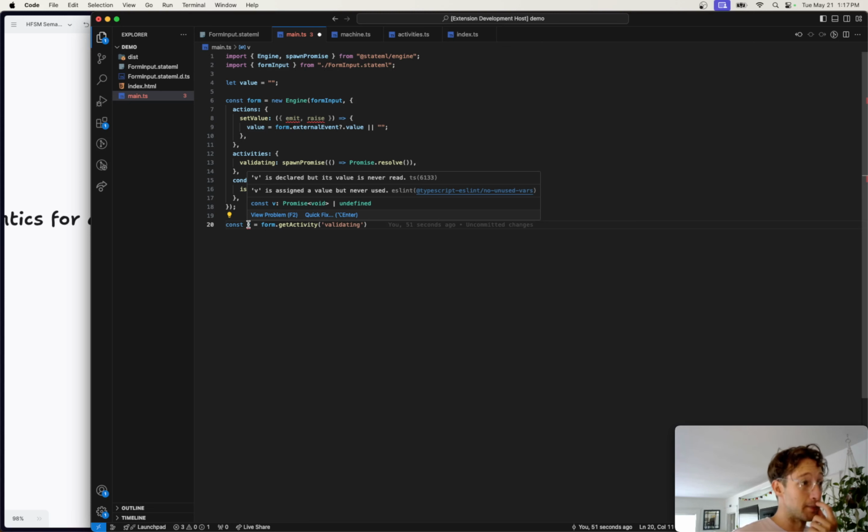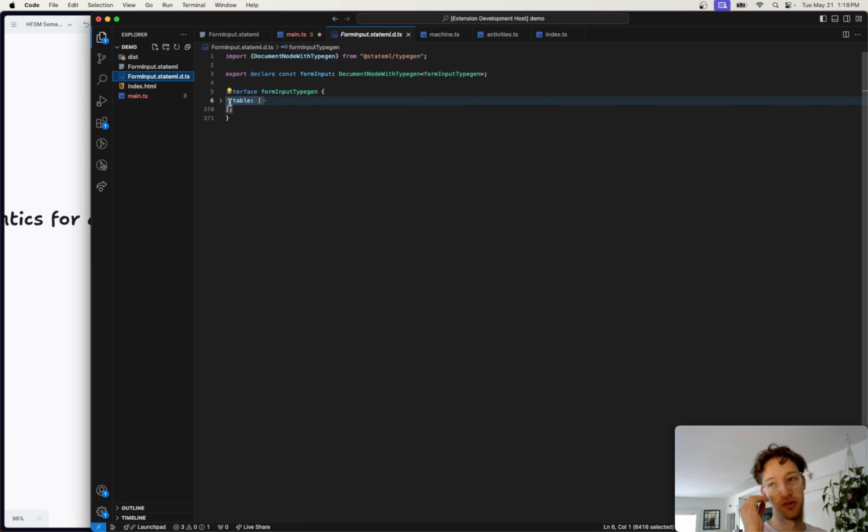And that's going to be really important, because there might be times when you're directly referencing, grabbing a reference to an activity and doing something with it. And so the ability to type that and infer those typings is really important. How does this work? It gets into a topic that we'll talk about next time. But essentially, we're taking the machine representation, right? There's a compiler in StateML, and it outputs what we call a table, a graph. That table is JSON serializable, which means we can also just make it a TypeScript type.